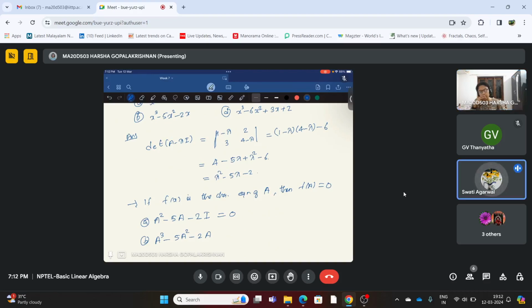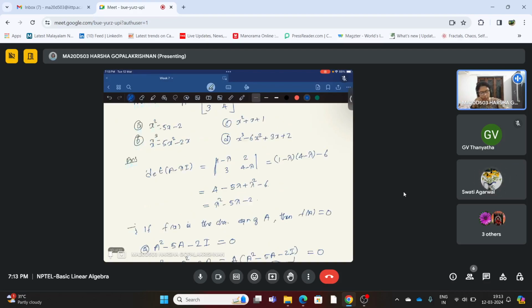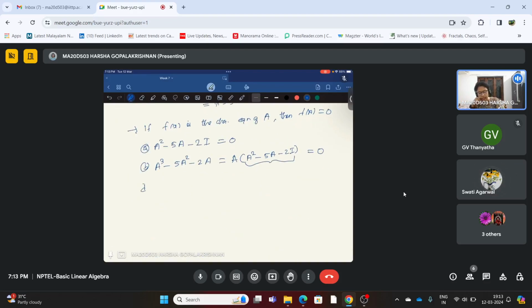Yes, this also, because if we take out A, this is A square minus 5A minus 2I. So this term is actually the 0 matrix, and 0 matrix into A means it should be equal to 0. Correct? Okay, before going to C, let us see D.